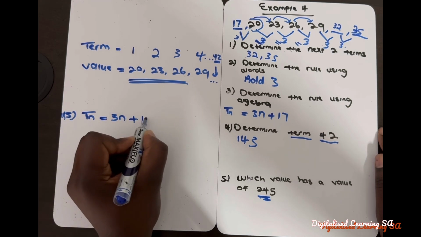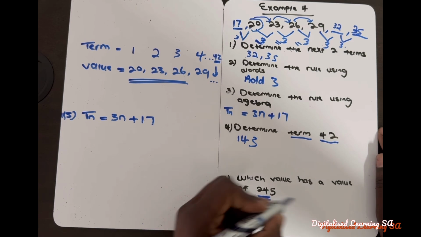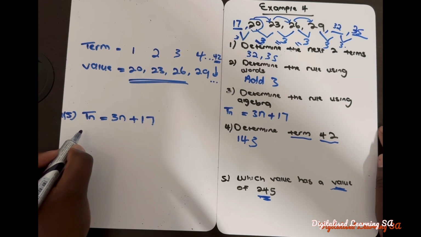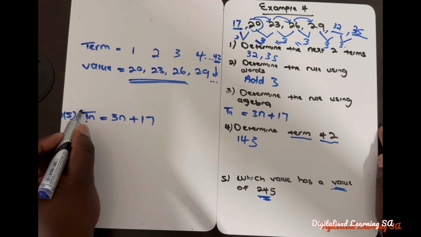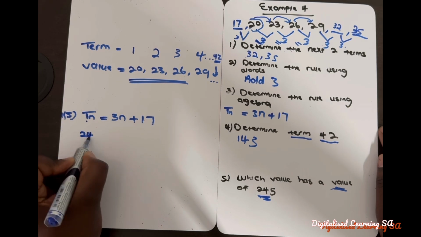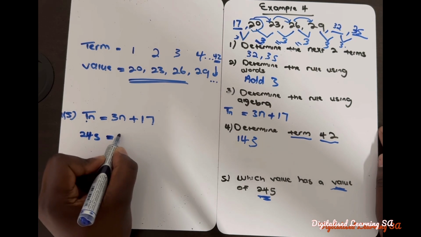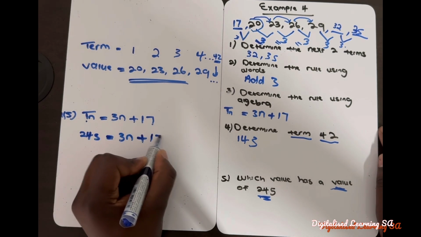Remember, now we are looking for the value, not the term. So we need to substitute this Tn with the value that we are given, which is 245, and then we write this as it is, plus 17.